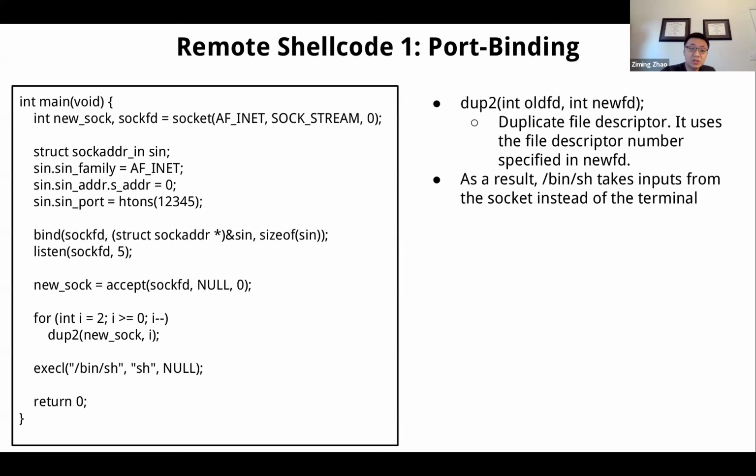And when the shell returns anything, it will not return to the terminal. Instead, it will return to the socket as well. And by doing that, we get a remote shell. And this is the port binding technique.